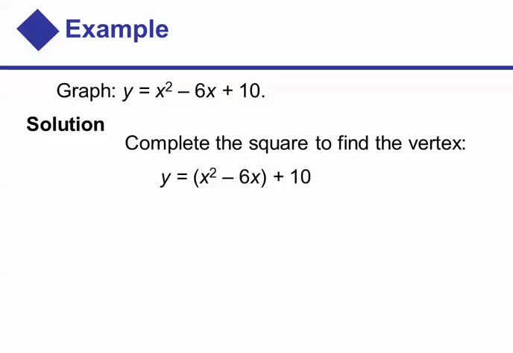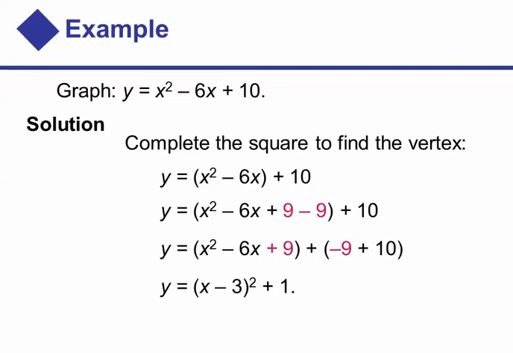So we know how to graph this. We complete the square to find the vertex. There's all the work of that. You can pause the video if you want to look through that work and make sure that makes sense to you, but we've just done this, so I'm not going to go through all that. And that gives us a vertex of 3, 1. Remember, the vertex is (h, k).